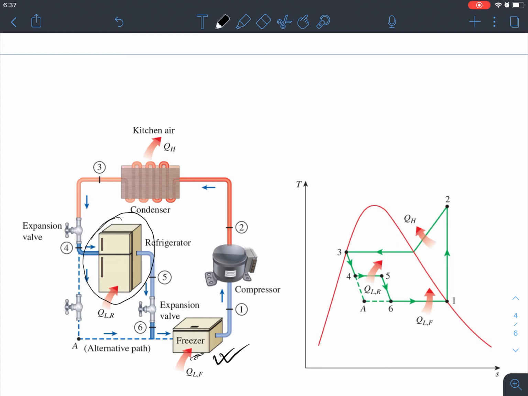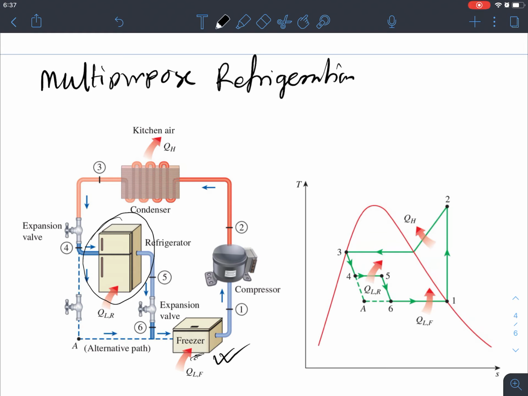Okay, so this is called a multi-purpose refrigeration system with a single compressor.